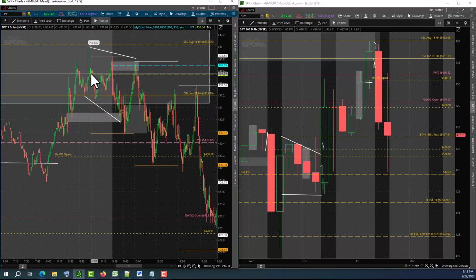Right below that, is that below? So this opens at 431.54. At 9 o'clock right there. How about this close?